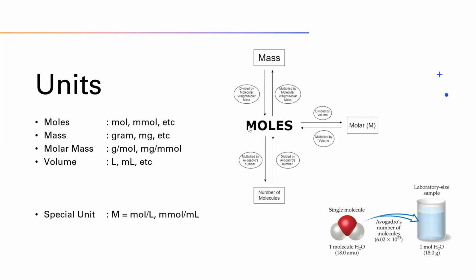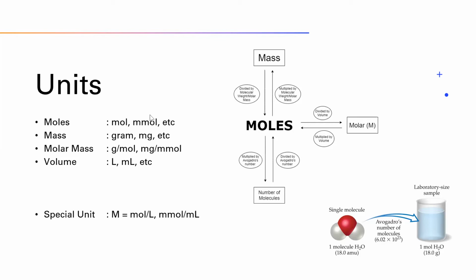And for converting moles to number of molecules, we have to multiply it by Avogadro number, and when we want to convert a number of molecules to moles, we have to divide it by Avogadro's number.